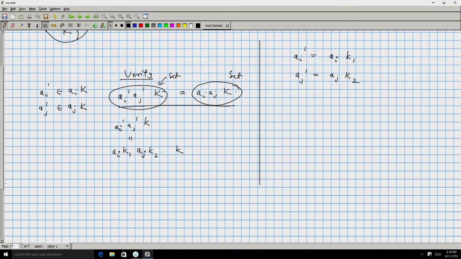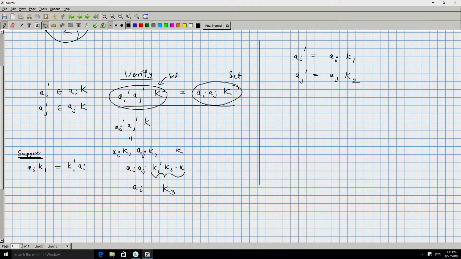If we could somehow show that Ai k1 is equal to k1 prime Ai, suppose this were true, then what we can do is rearrange the elements and get AiAj times k1 prime k2 prime k, and K being a subgroup, these things multiply into some k3.